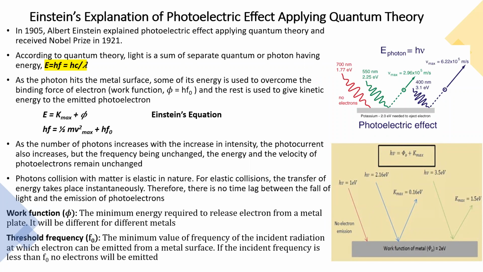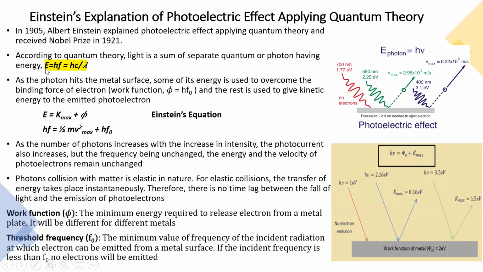Now let us see. We have already learned quantum theory, according to which light is a sum of separate quanta or photons, and each quantum or photon has an energy E equal to h nu. Nu means frequency. You can also write it as E equal to hf, where f is frequency.